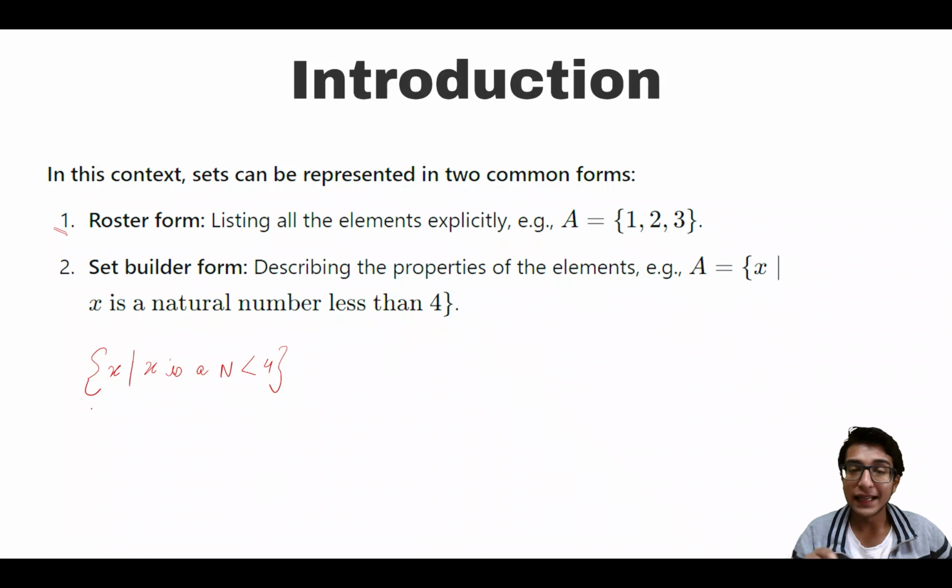That means any natural number less than 4 would be in this set. So natural number, where does it start from? It starts from 1, 2 and 3. Now again 4 wouldn't be included because it says a natural number less than 4. It does not say natural number less than or equal to 4. So keep this in mind as well. This is the set builder form, and generally whenever questions are asked in JEE Mains, they give you the set builder form. So understand this term correctly.